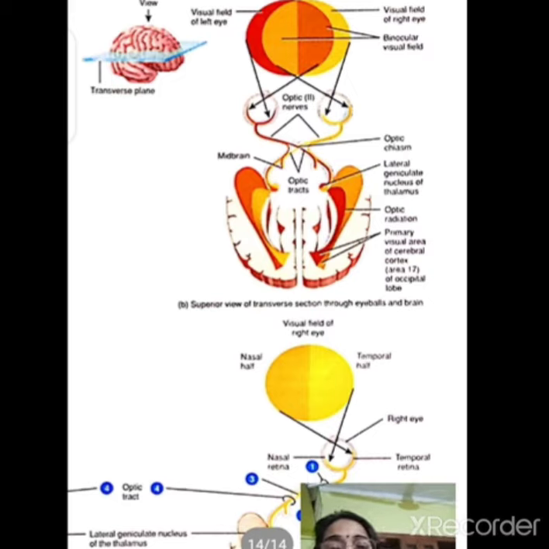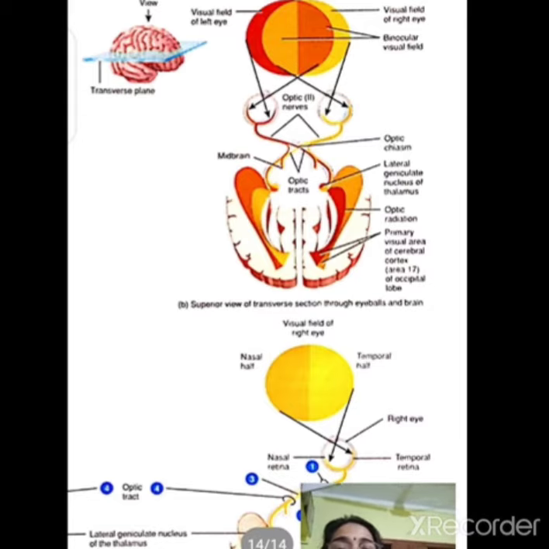They form the images on the retina, and this information is taken to the brain by the second cranial nerve, the optic nerve, first to the lateral geniculate nucleus of the thalamus, and then through the optic radiation to the primary visual area of the cerebral cortex, that is, of the occipital lobe, area 17.